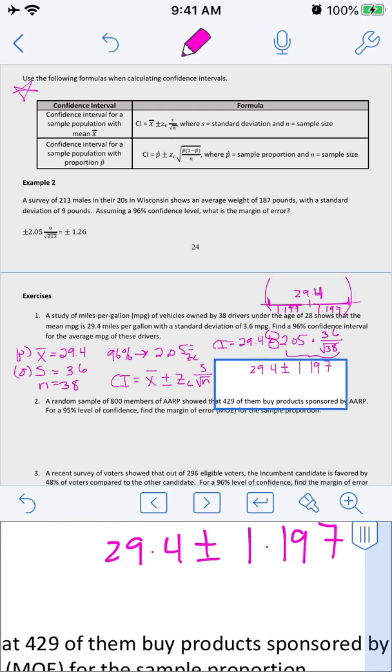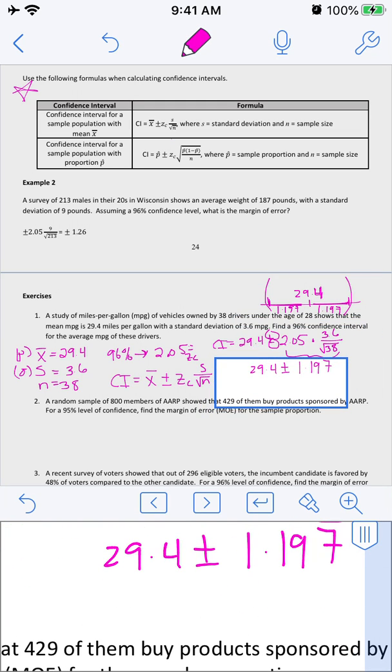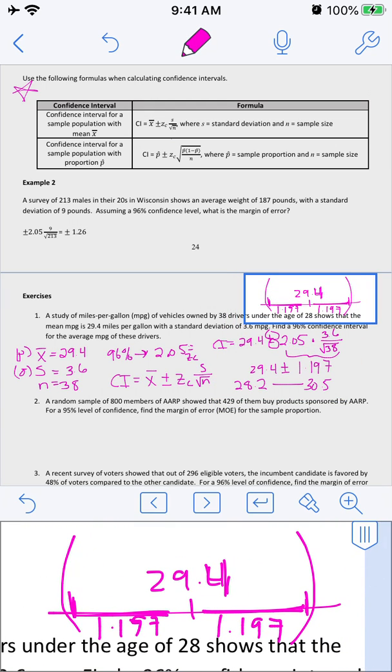If we subtract it from 29.4, then we're saying about 28.2. We add it to the other side, 29.4 plus 1.197, 30.5. All right, and so over here in our confidence interval, it's from 28.2 to 30.5.